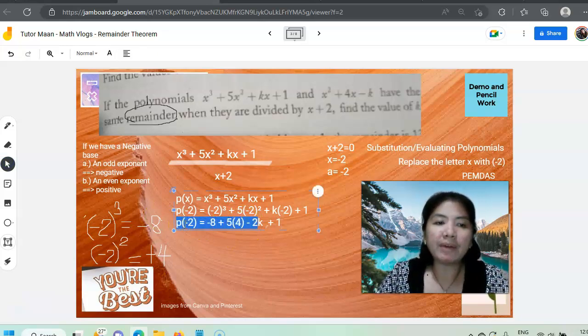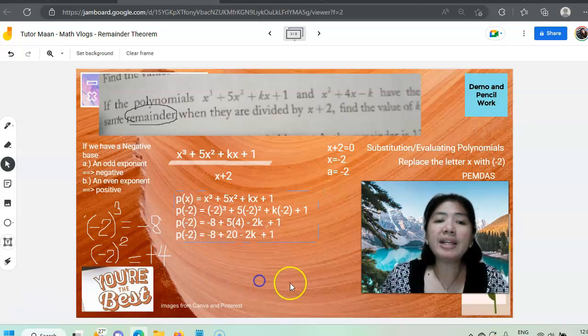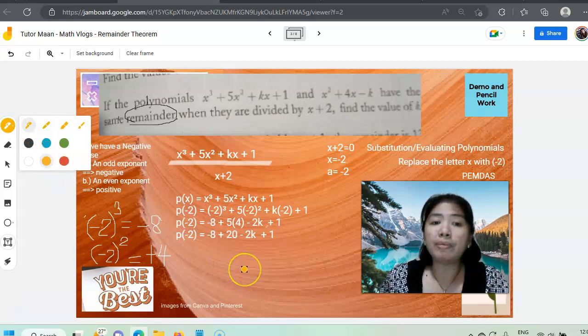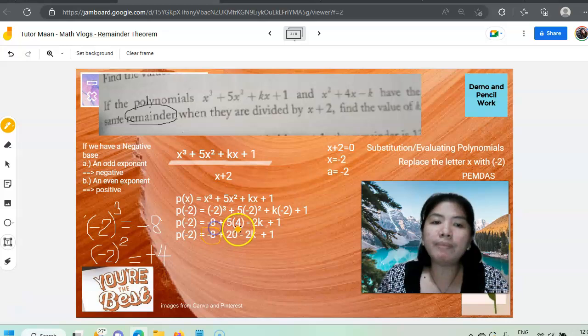So we have negative 8 as the first term. 5 times 4 is 20. Now for the final answer, we can practice marking similar terms, like the constant terms. So, negative 8 is a constant term, positive 20 is a constant term, and positive 1 is a constant term.